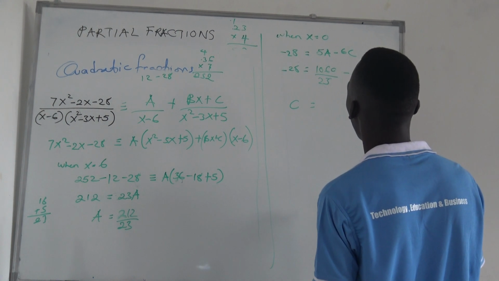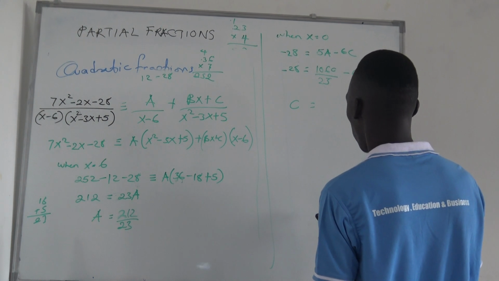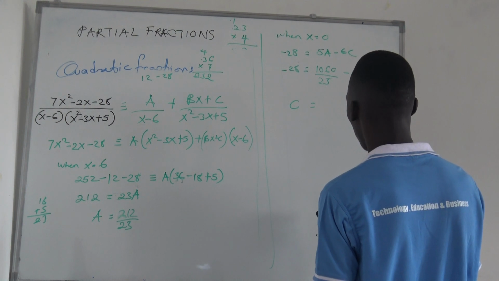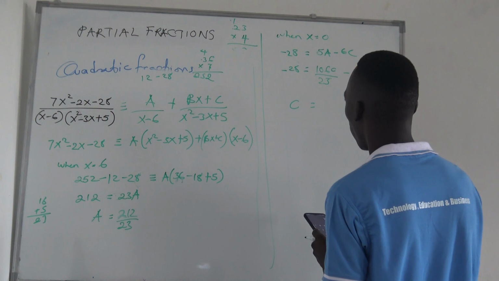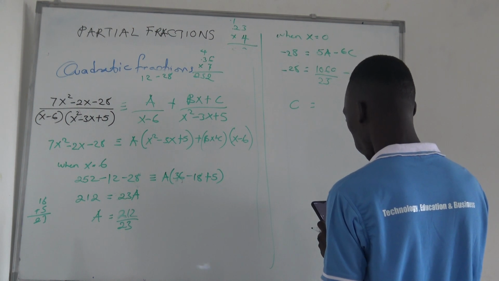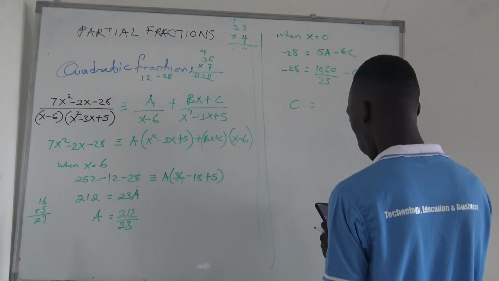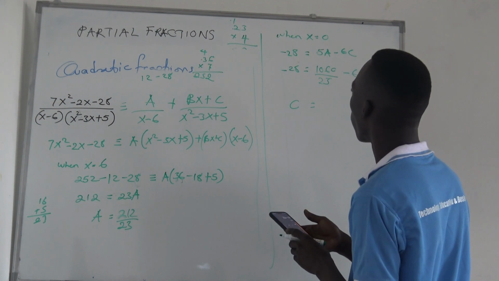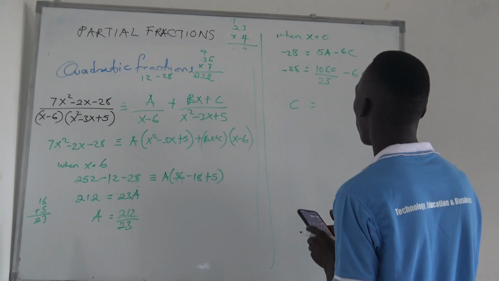the value of c as 23 when you multiply with 28 times negative 28, 644. So when you take the outside, it is just an addition.